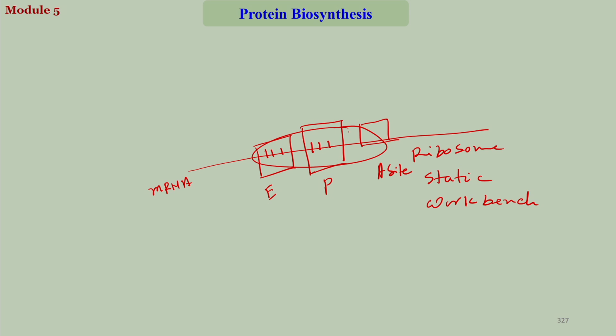We have seen how the new tRNA comes in, knocks this one, and the reaction proceeds in this direction. We have also shown how the peptide bond forms by the reaction of the free amino acid with the bonded tRNA sequence.